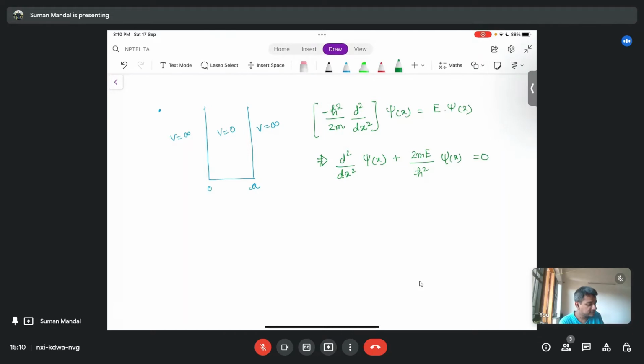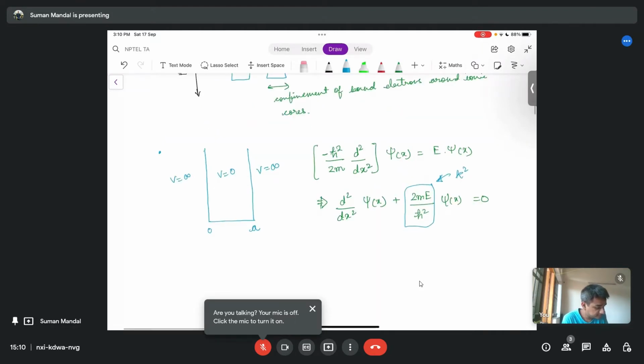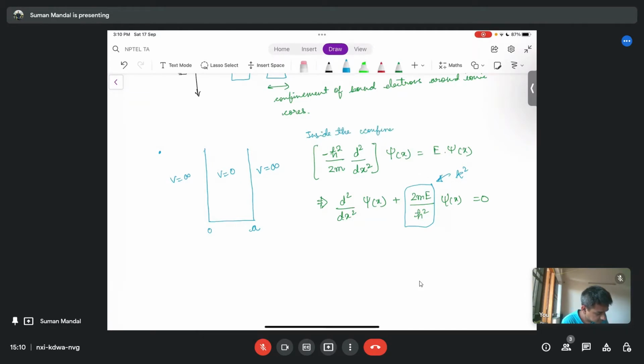Now we write it as k square, where k is the wave vector. This is inside the confinement, where V equal to 0.